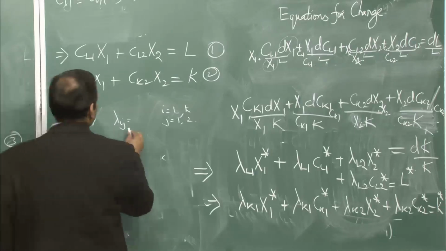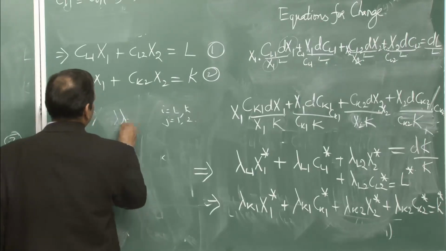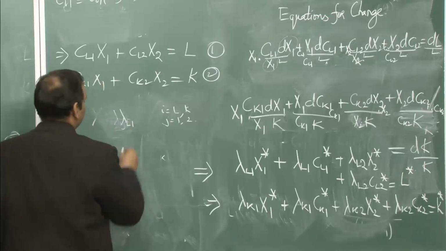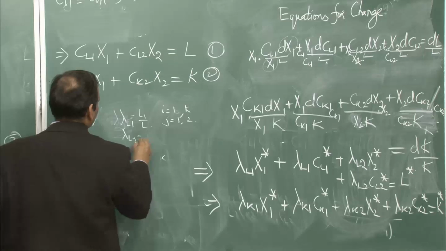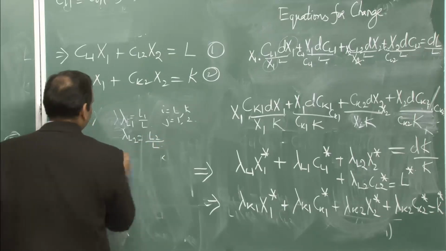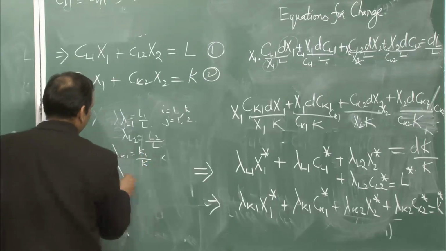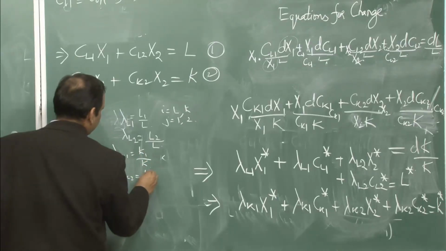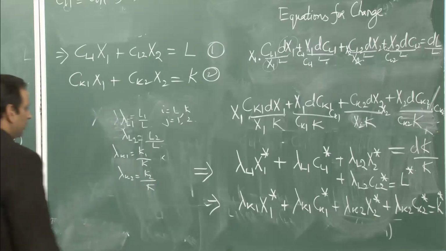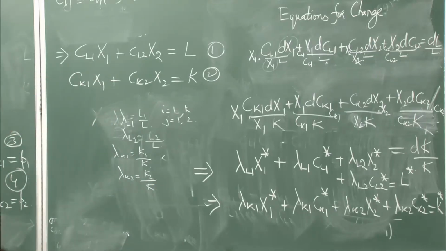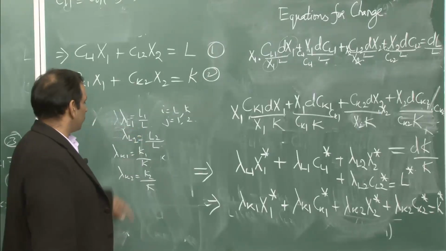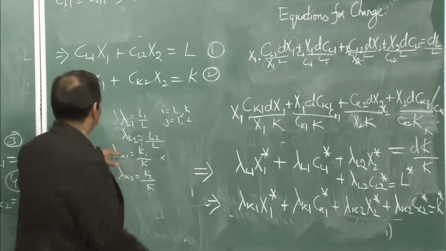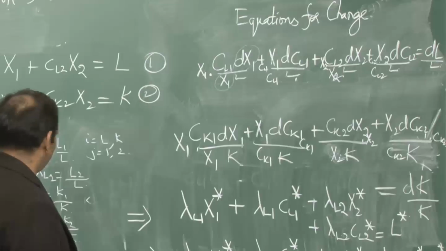So, for example, lambda L1 is L1 by L, lambda L2 is L2 by L, lambda K1 is K1 by K, lambda K2 is K2 by K. These are the proportionate shares. So, you have lambda L1, lambda L2, lambda K1, lambda K2.